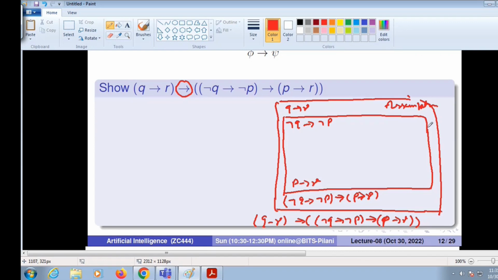Let me tell you once again, this bracketization is very important. Inside this bracket, the first statement you can assume by yourself. So it is a new world where I have this assumption, and by this assumption something happens, so I can write anything. This is a very important part.